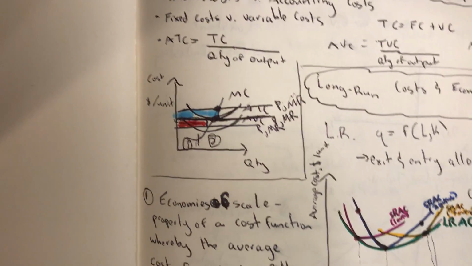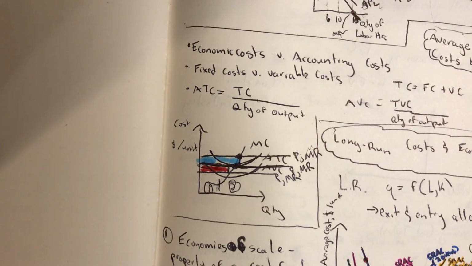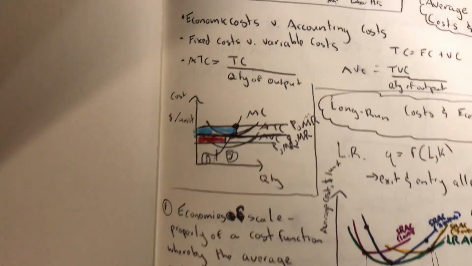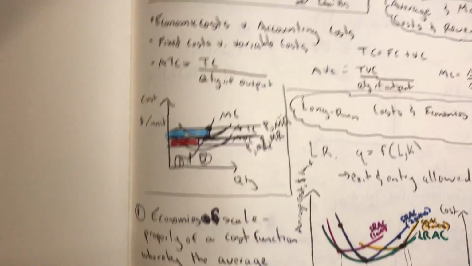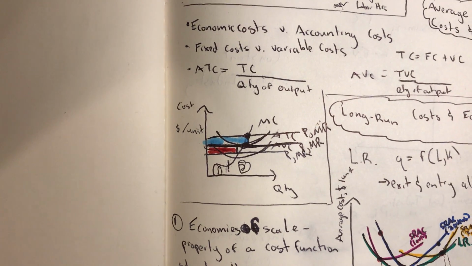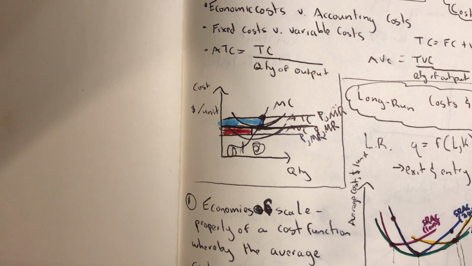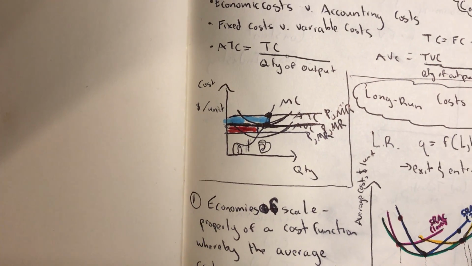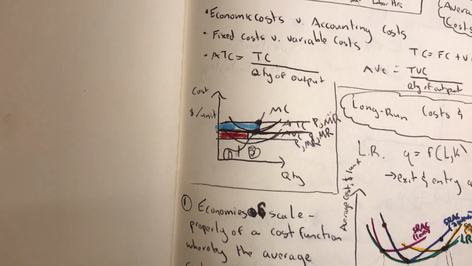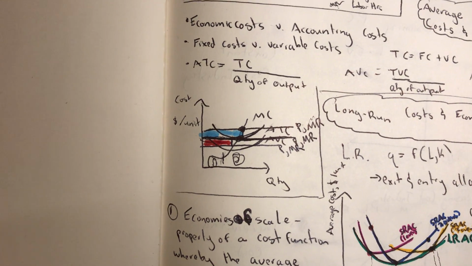That would represent the losses of that firm. But fixed costs in the short run are sunk, right? So essentially you're making enough to pay for your variable costs, but you're not making enough to pay for your fixed costs. So the decision of this firm will be to stay in the short run and exit in the long run.